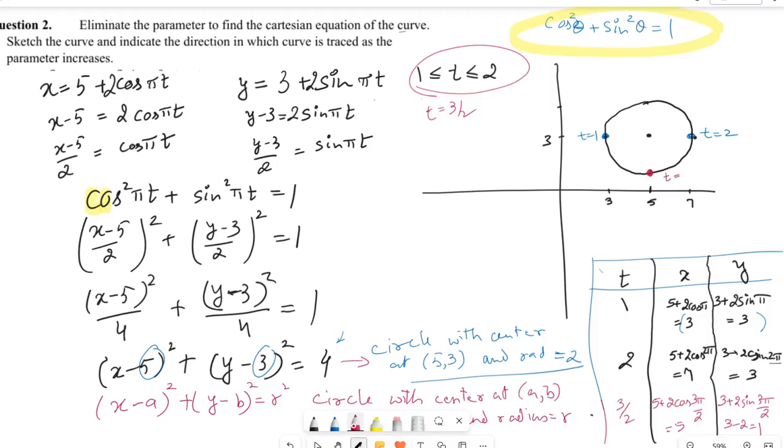That means this is the point when t is 3 by 2, halfway between 1 and 2. The graph is going in this direction from 1 to 2. And that's just half a circle, a semicircle. We are not going to be drawing the top part of the graph. This is the only part which we need. t is going from 1 to 2 in the counterclockwise direction.